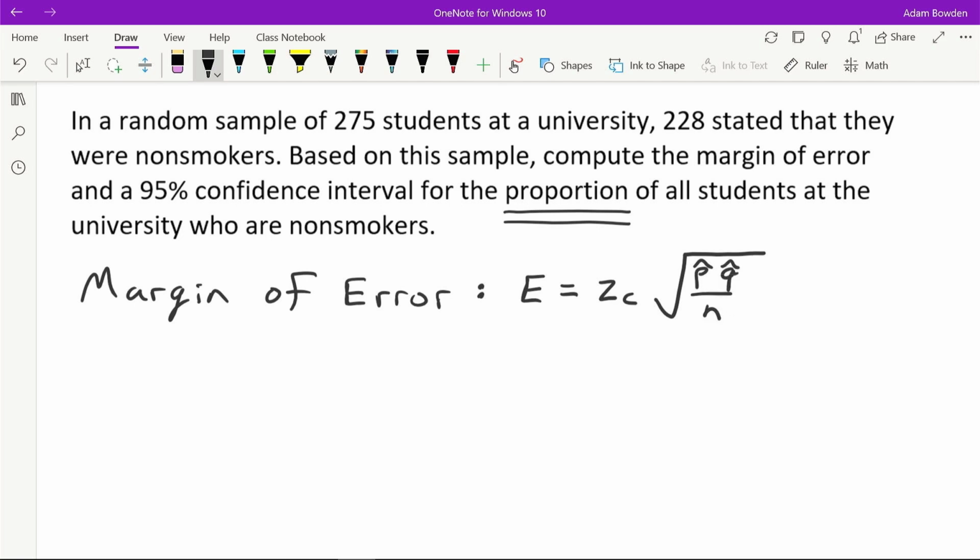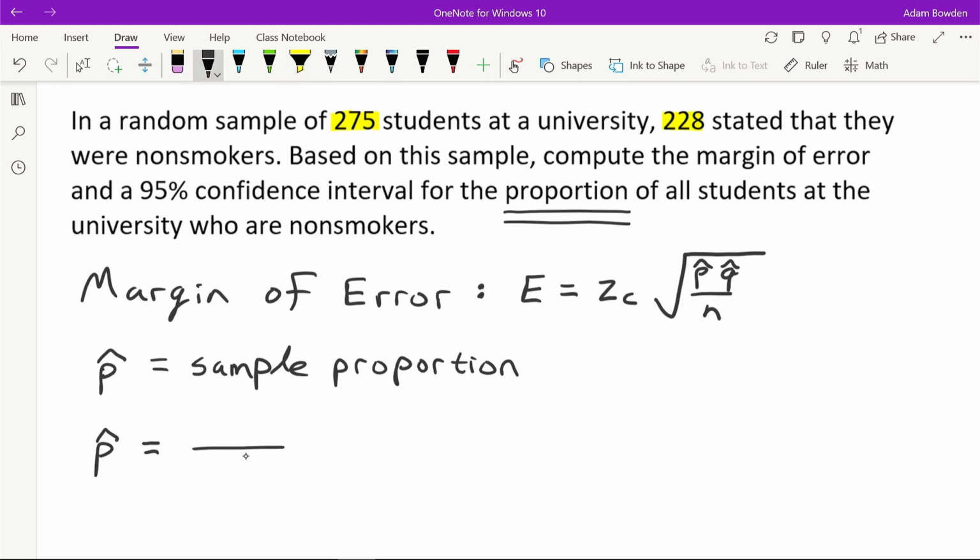So we need to talk about what each of these things stand for. First off, p hat is what they refer to as the, sorry, the sample proportion. And we don't have the value of the sample proportion immediately given to us. We have to get it by taking the ratio, the fraction of the numbers that are given. So out of the total sample of 275, 228 responded.